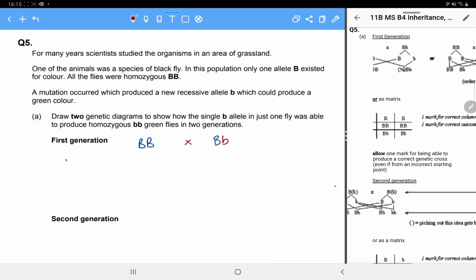Now, the gametes that they could have produced in their sperm and egg are the big B here could have been donated, or the big B there could have been donated. Let's say that this is the father, for example, and this is the mother. The mother could have donated her big B as her version, or she could have donated her small b.